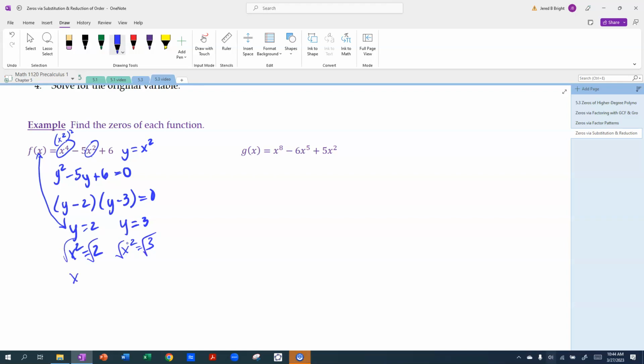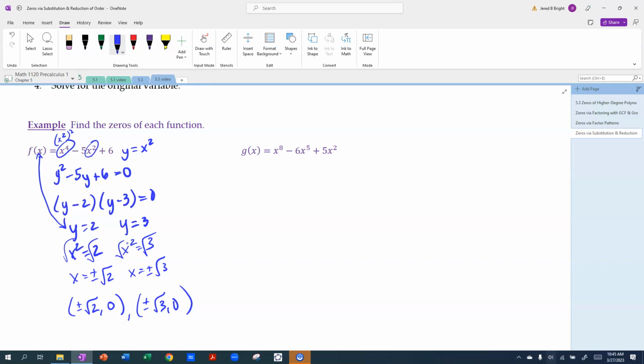So x is equal to plus and minus square root of 2, and x is equal to plus and minus square root of 3. And I'm done, more or less. My zeros are going to be at plus and minus square root of 2, comma 0. I could write those as two separate points if I wanted. And then plus and minus square root of 3, comma 0 for the other one, again writing as two points as needed.